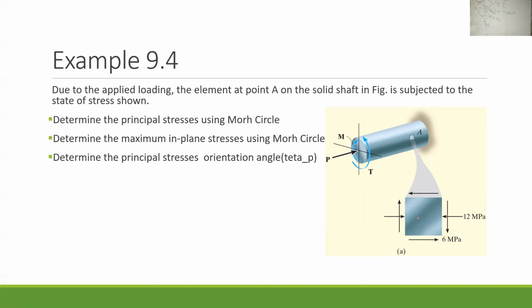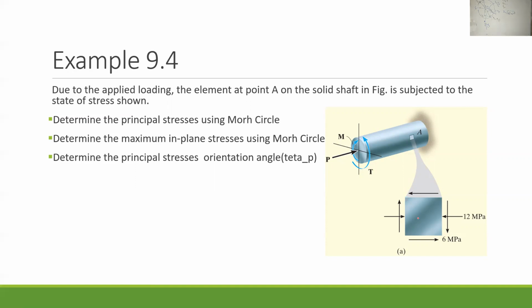We obtain these internal stress values: 12 megapascal normal stress and 6 megapascal shear stress. The questions are: first, determine the principal stresses using Mohr's circle; determine the maximum in-plane shear stress in Mohr's circle; and determine the principal stress orientation angle, in other words theta p, using Mohr's circle.